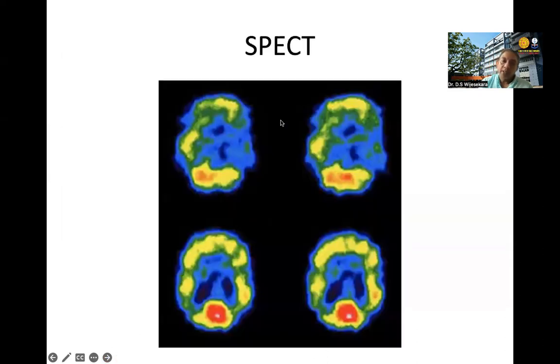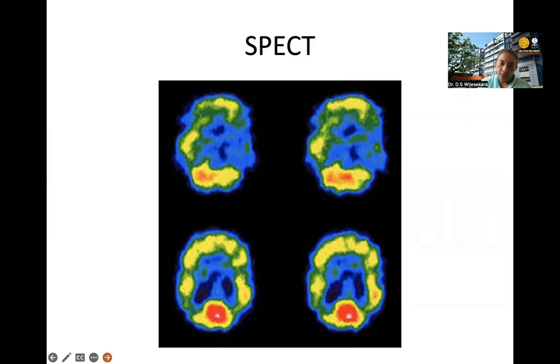SPECT is a special technique that is used in patients with epilepsy to identify the lesion. While they're on video telemetry, when the seizure begins, a special dye is injected, and it is believed that this dye is taken up at the epileptogenic zone, so that you may see a bright signal in that area, and then subsequently you repeat the film in 24 hours to see that the activity is less.